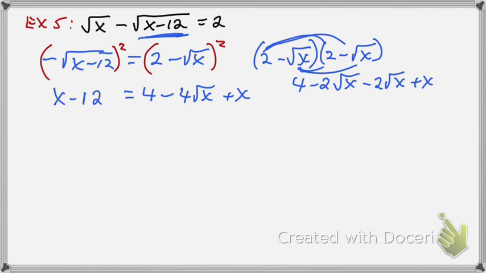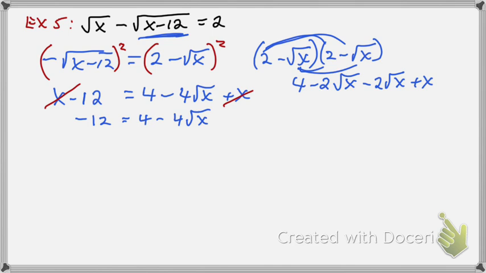It's just harder to see because that's square root. All right, I start collecting like terms. Oh, look at this. My x's cancel. So over here I've got negative 12 equals 4 minus 4 on the square root of x.